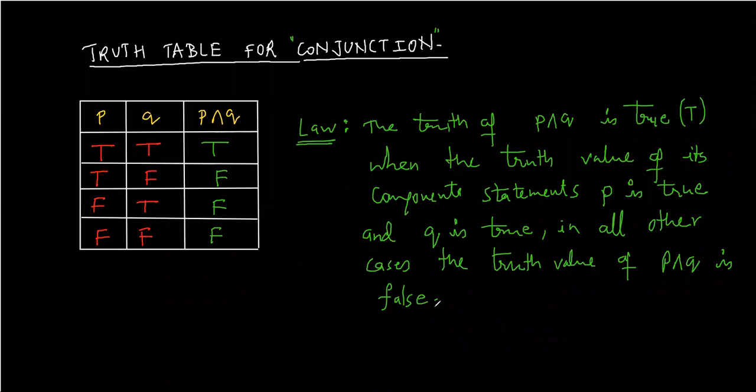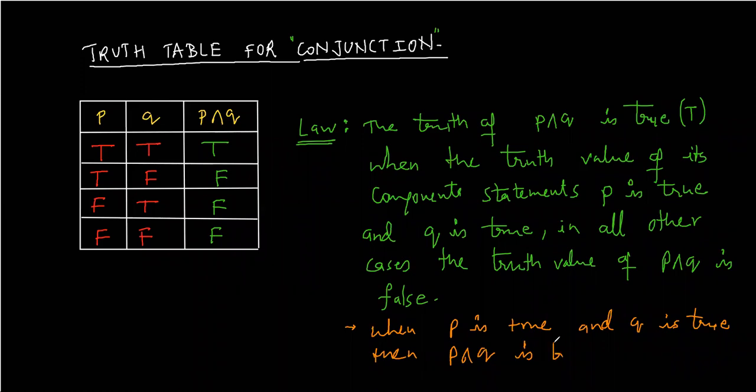Okay, you can remember the law this way, or you can remember it this way. You can say, when P is true and Q is true, then P and Q is true.